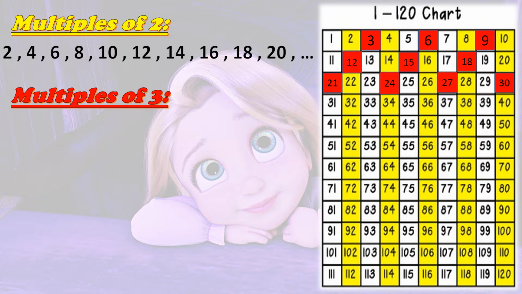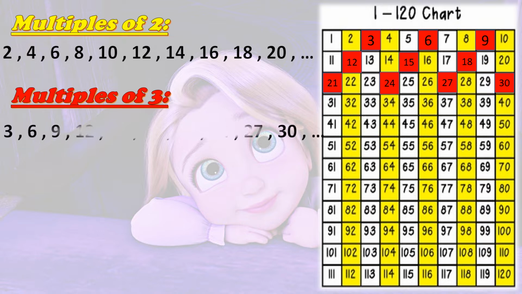The third number is 6, color it. After that 1, 2, 3, it's 9, skip counting by 3, 12, skip counting by 3, 15, and so on. So I have here multiples of 3.